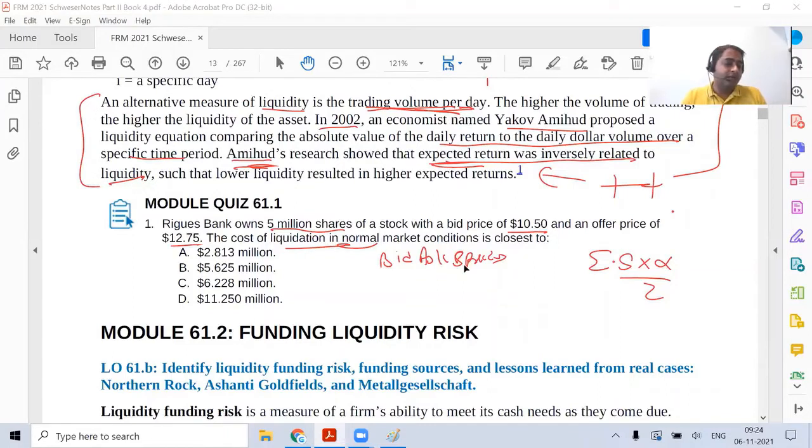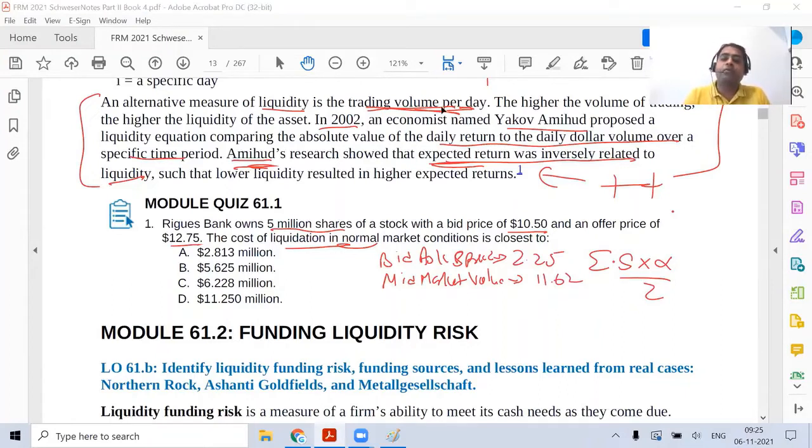Now the mid market value is going to be what? 12.75 plus 10.5 divided by 2, 11.625. That's correct, the mid market value.